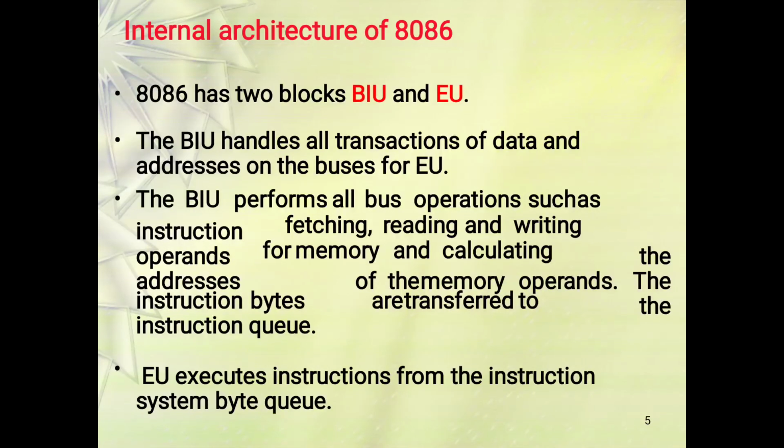It performs all bus operations such as fetching, reading, writing. Already I said there is IO read and IO write for the memory and input output devices, calculating the addresses of the memory which are to be transferred to the instruction queue. The execution unit takes instructions from the instruction byte queue.